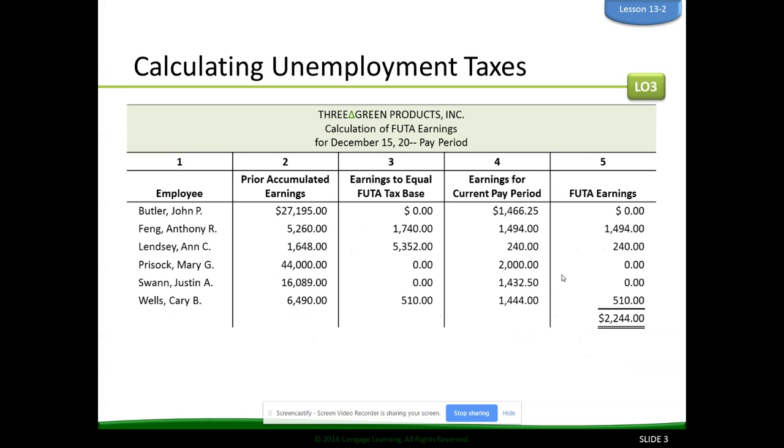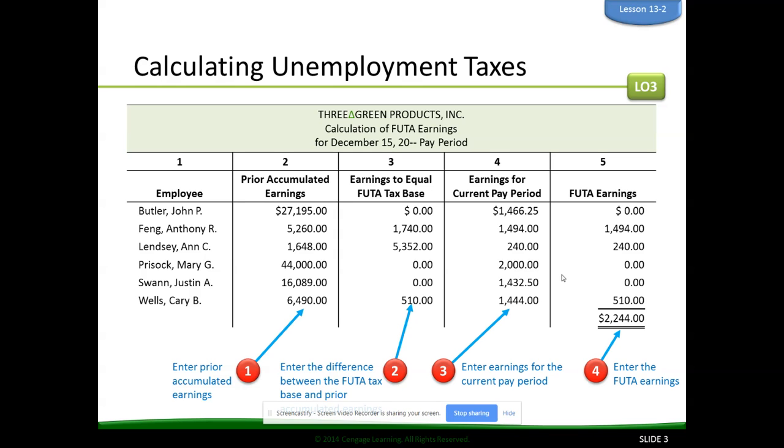So here's our chart, and when we look at calculating our unemployment taxes, you have to look at, first of all, their prior accumulated earnings. Have they gone above $7,000 in accumulated earnings? Because we only have to pay up to $7,000.